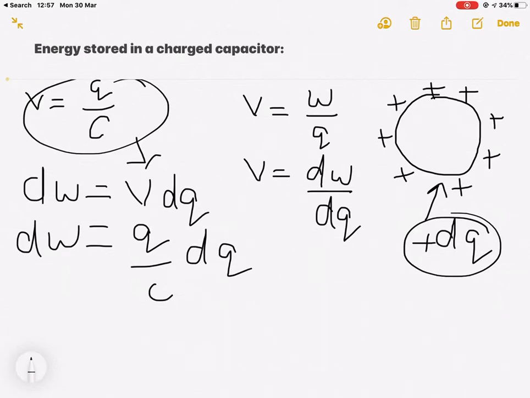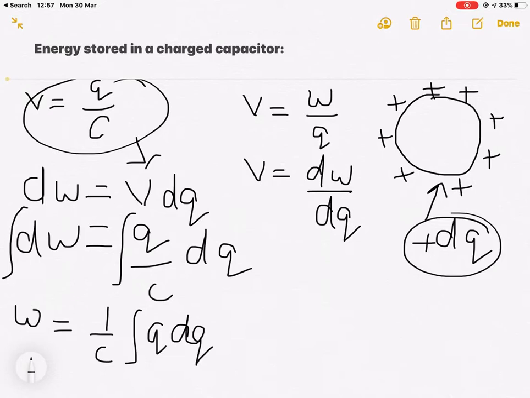So here to calculate the total work, we need to integrate on both sides. So when we integrate, we will get total work is equal to, here 1 by C will be constant, and we will keep Q dQ inside the integration.